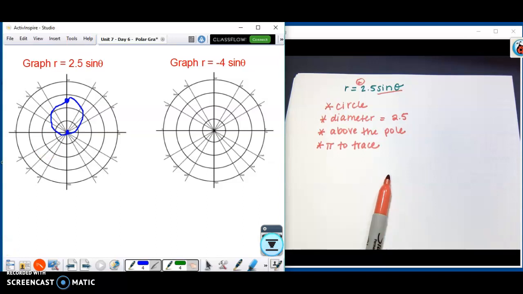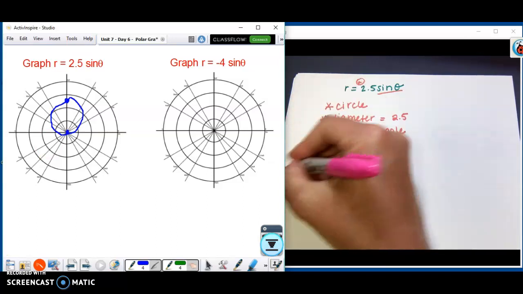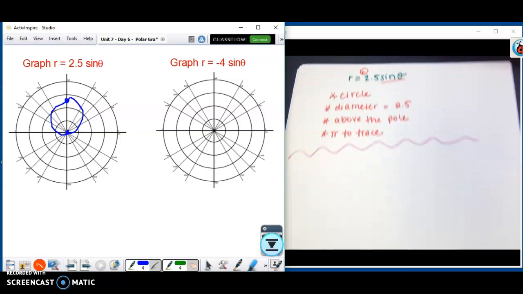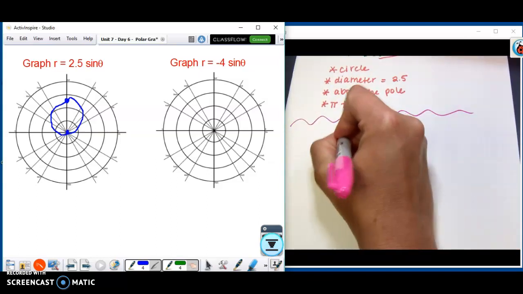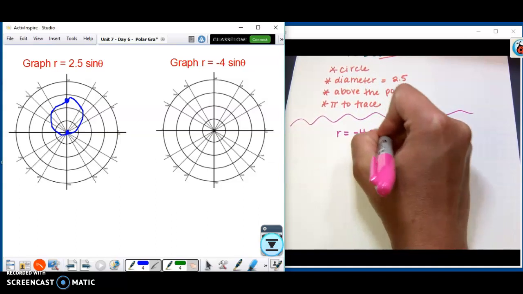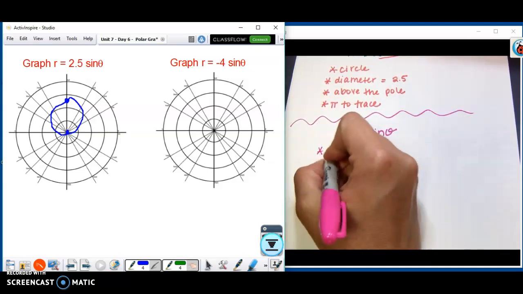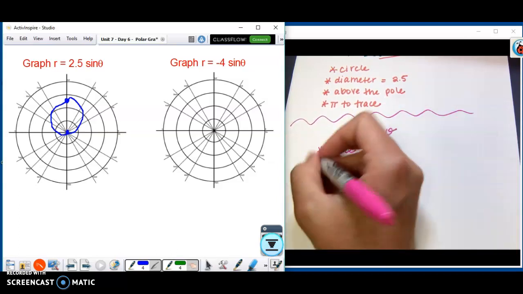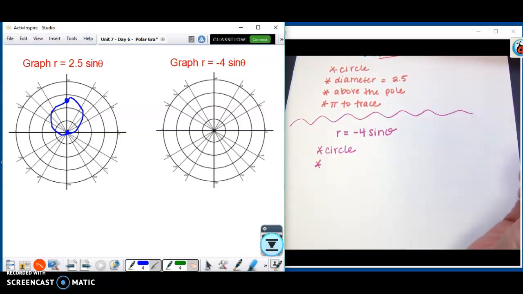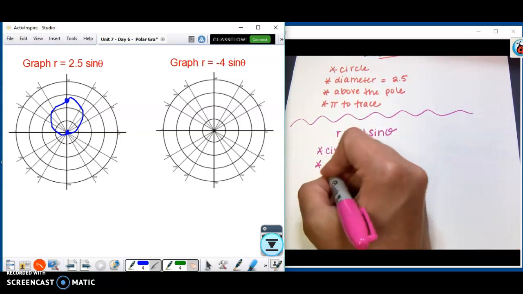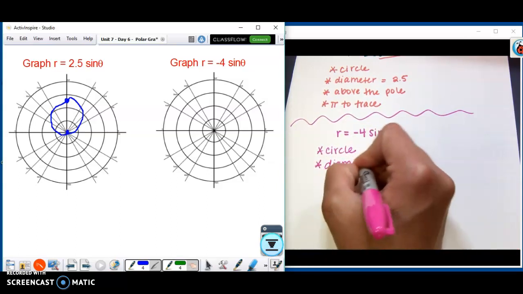Okay, so our next example is r equals negative 4 sine theta. Because we just have a number and we have sine, we know the shape is going to be a circle. Once again, we've only worked with circles so far. That negative 4 tells us our diameter is going to be 4.